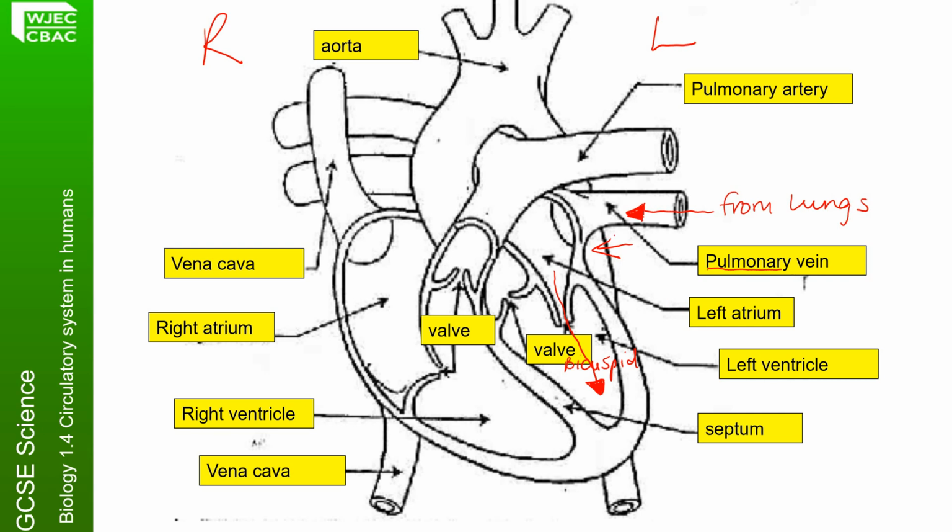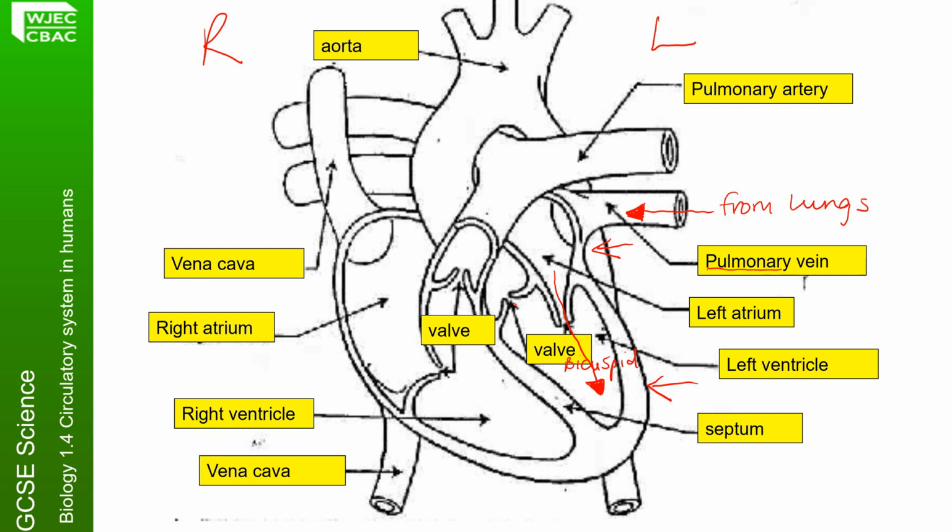At the same time that this atrium wall has squeezed and this valve has opened, this valve here closes. This valve here is our semilunar valve. So this valve closes, blood fills the ventricle, the bicuspid valve closes behind, and now the ventricle contracts and squeezes.